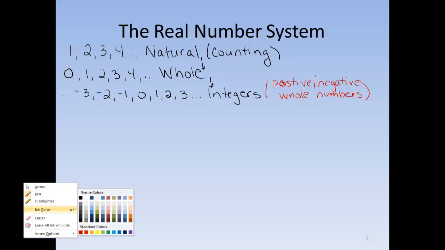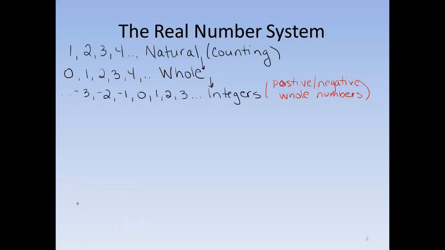Now the next category of numbers I can't make a nice little list for, so I'm going to write them in some math notation. It's P over Q, so we're making fractions, where P and Q are integers. The one qualification is that Q cannot equal 0, because we don't want a 0 in the denominator. These are called the rational numbers.